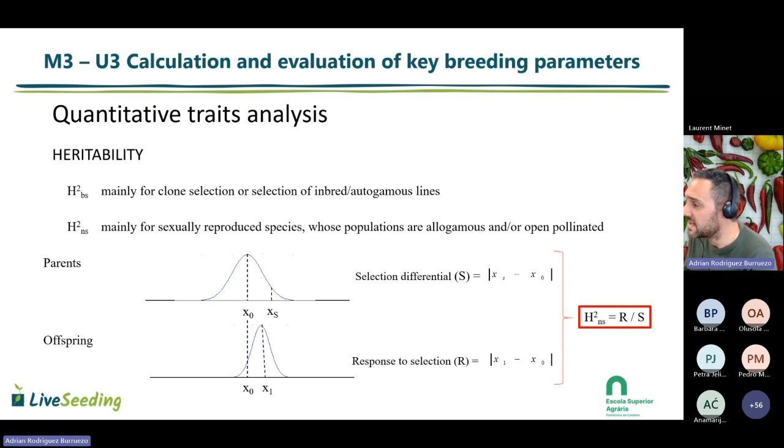First, you estimate a simple parameter, which is the selection differential, the difference between the mean of the selected parents and the whole mean of the population under selection.